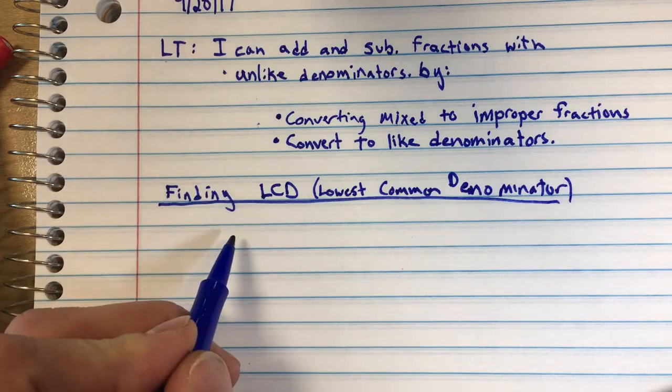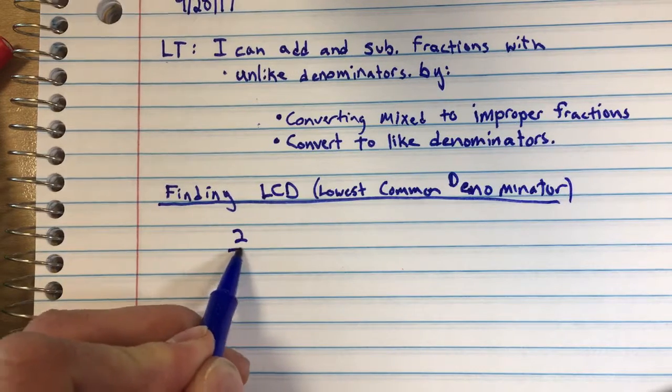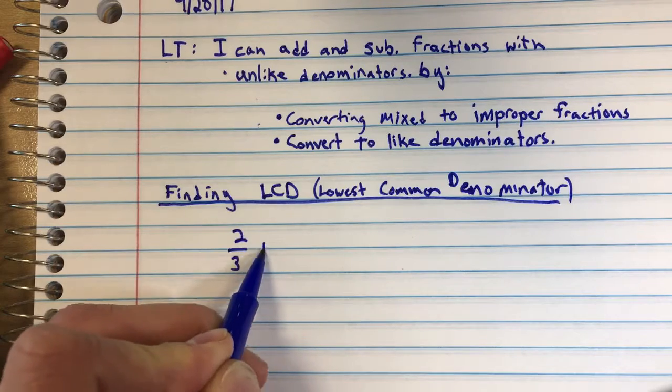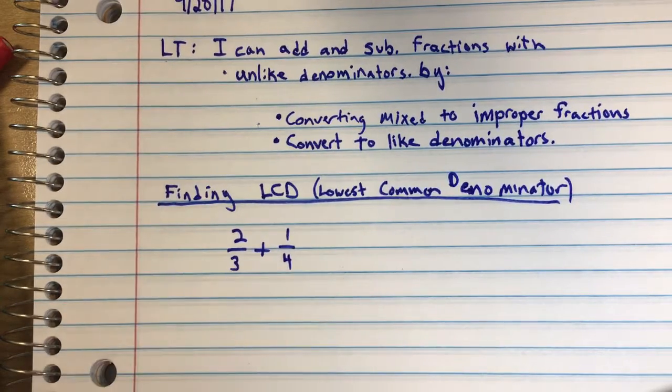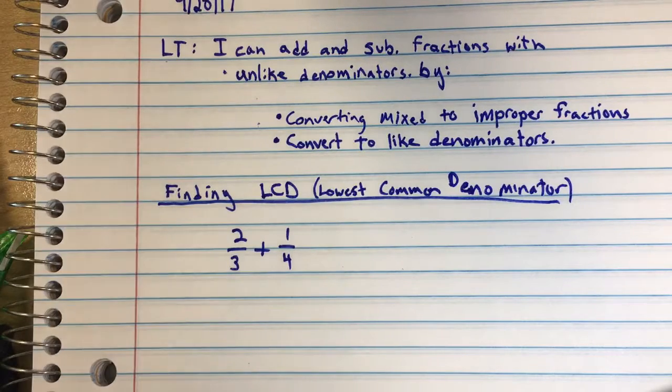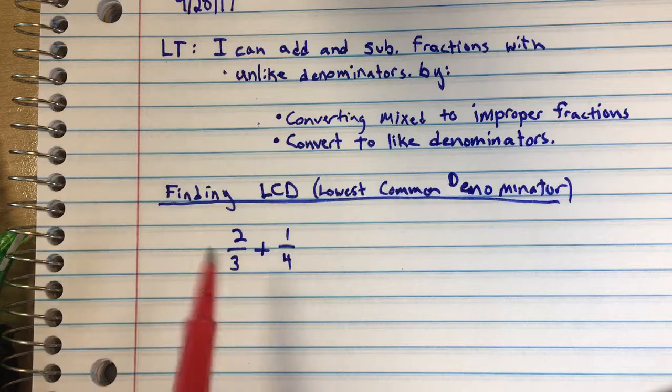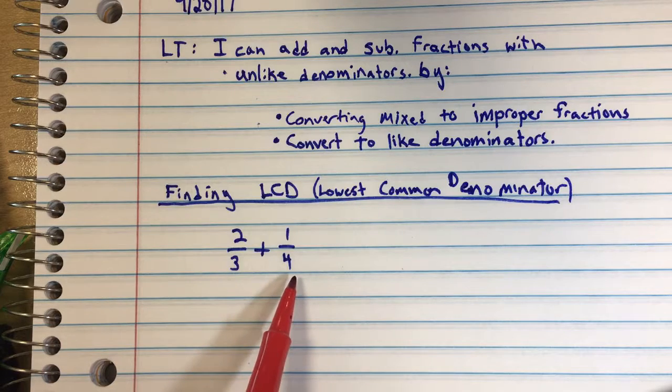So for example, if we have this fraction, let's say 2/3 plus 1/4. Well, 3 and 4 aren't the same, so I cannot just add these. And I can't try and keep my denominator the same because those two are not the same. So I have to convert those. Well, what's the lowest common denominator between 3 and 4?